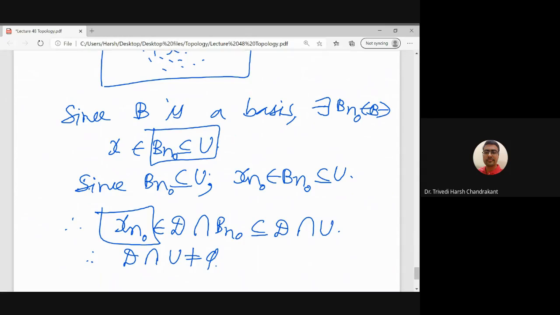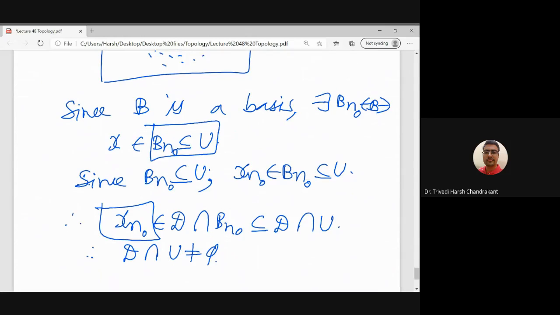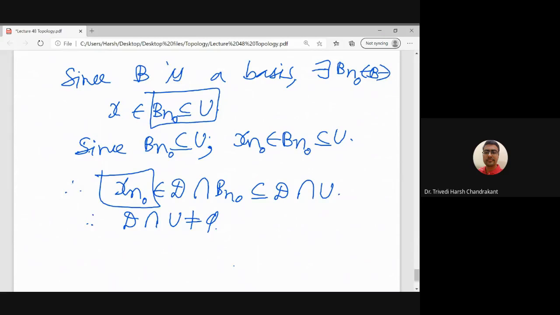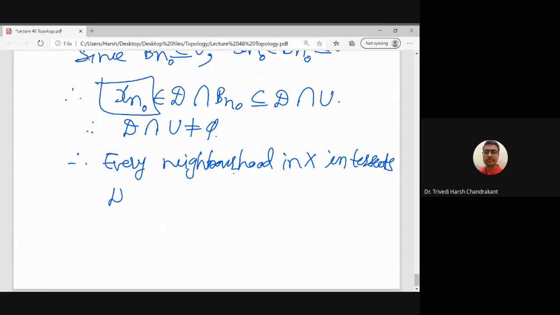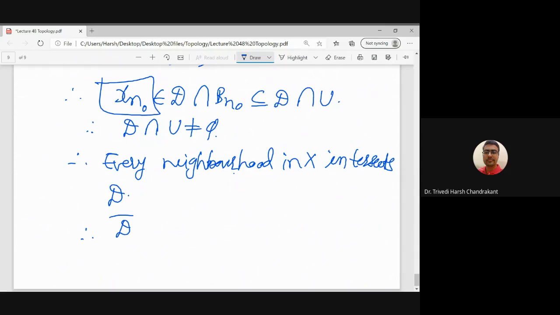That gives us that every neighborhood, or every open subset of X, intersects D. Therefore the closure of D is X.